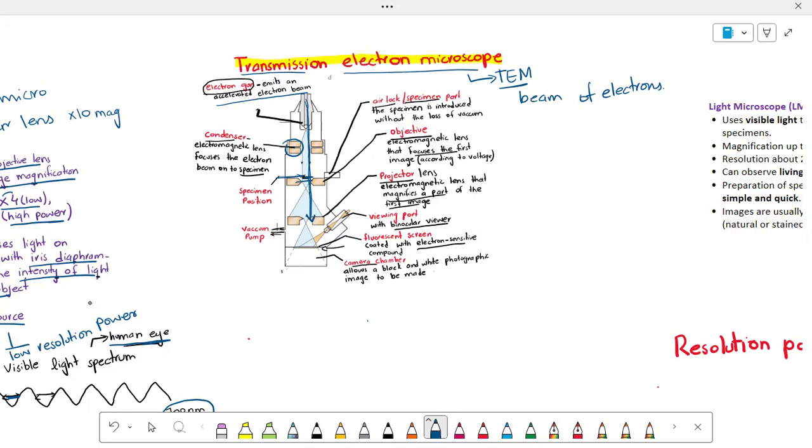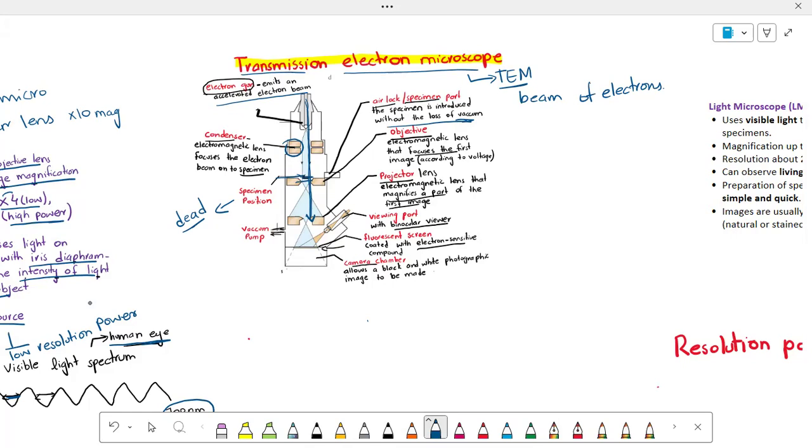But the main point is the specimen must be dead in the electron microscope, because electron microscopes operate in a vacuum. There is an airlock through which the specimen is introduced without the loss of vacuum. So this is an important point.